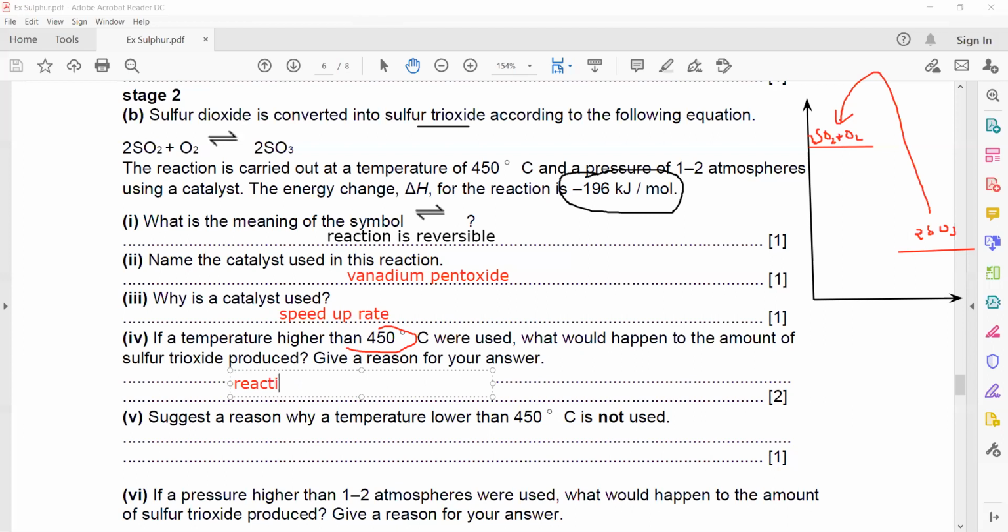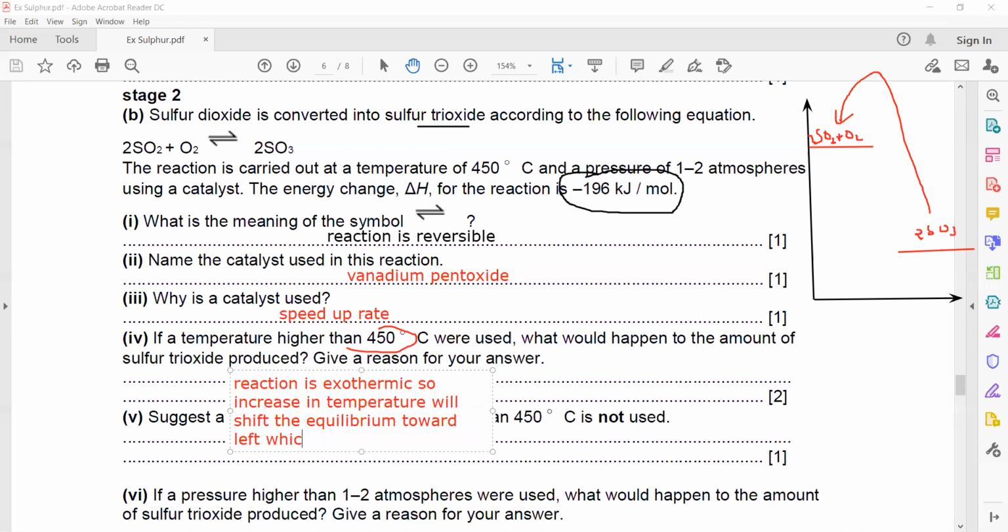Because the reaction is exothermic, an increase in temperature will shift the equilibrium towards the left hand side, which reduces the amount of SO3, sulfur trioxide, produced.